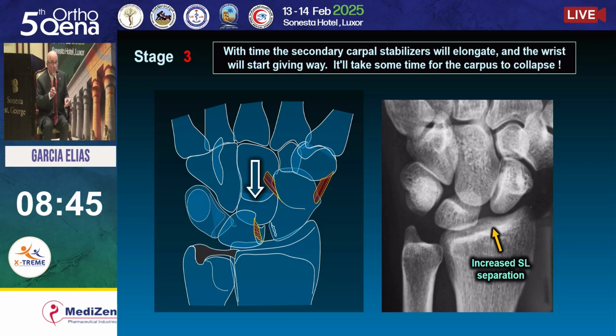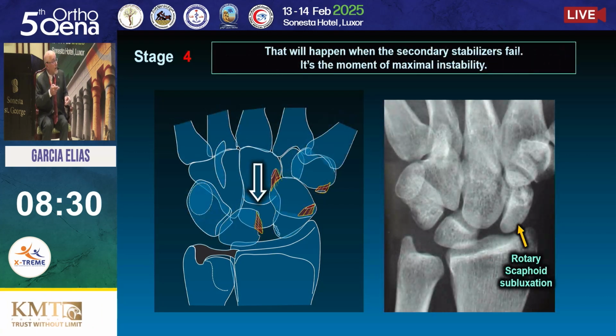And all this time, if we don't place the right stabilizing gears to stop that, it will continue to grow. And if it continues, then you have a rotary scaphoid subluxation.